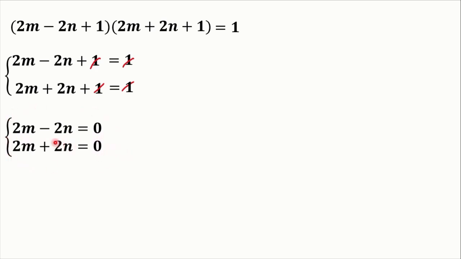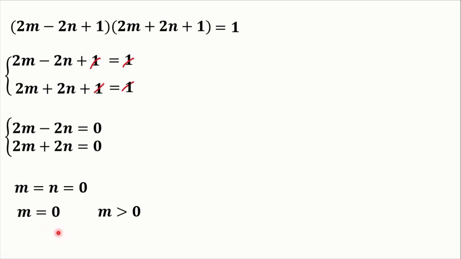This system has only one solution, m equal n equal 0. So for us, the most important thing is that m is equal to 0, but what we supposed initially was that m is greater than 0. So we again came to a contradiction.